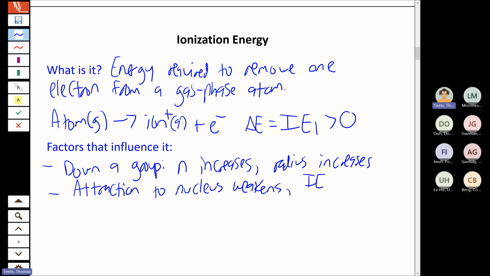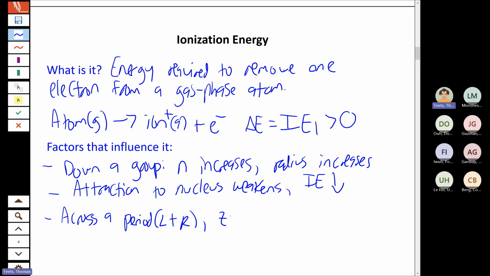So as you move down a column of the periodic table, the electrons get further and further away from the nucleus, so they have less attraction to the nucleus. It's easier to remove them. Your ionization energy decreases. So as you go down, the ionization energy decreases. And then as you go across a period left to right, same story.